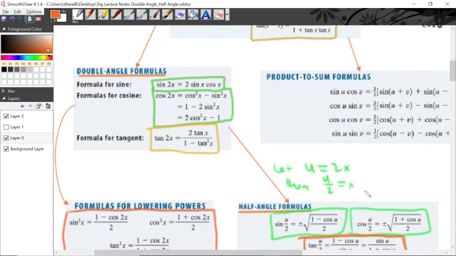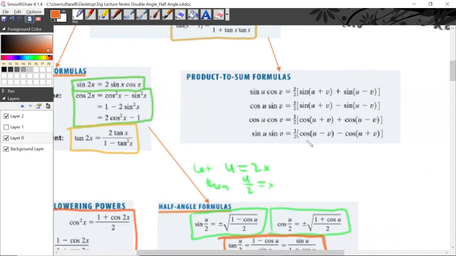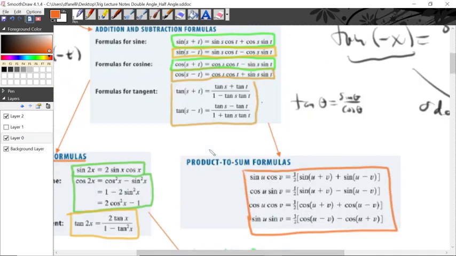These are identities. And then the formulas for product to sum, that is, when you have a product of trigonometric functions, how can you re-express that as a sum of trigonometric functions? Those are all going to be in the tertiary category. These are all to just be proved. I hope you can tell the difference between my red and my orange here.